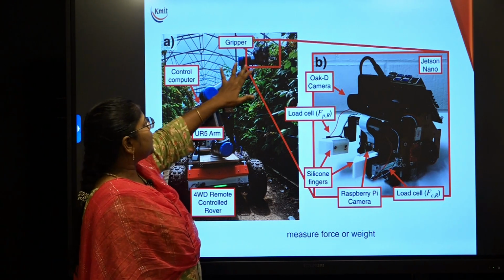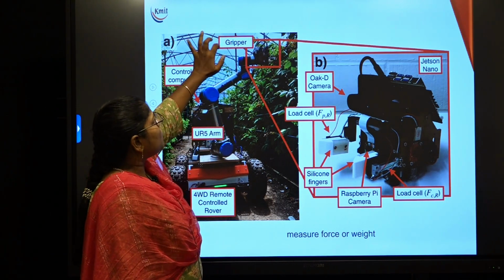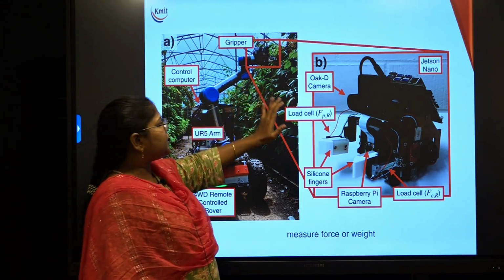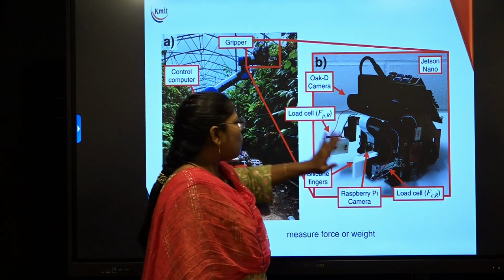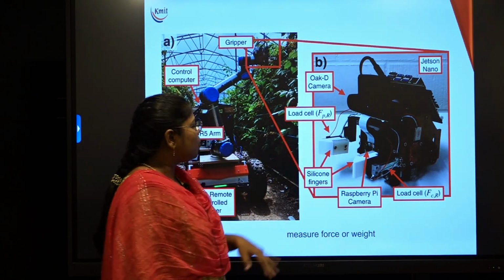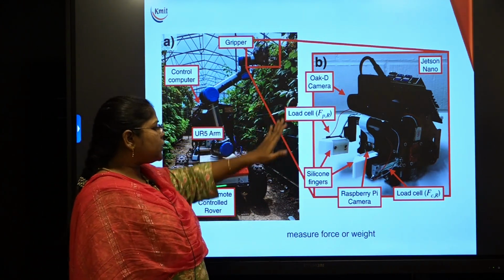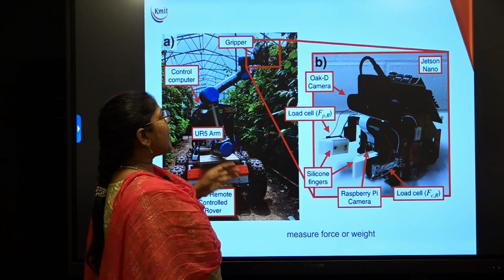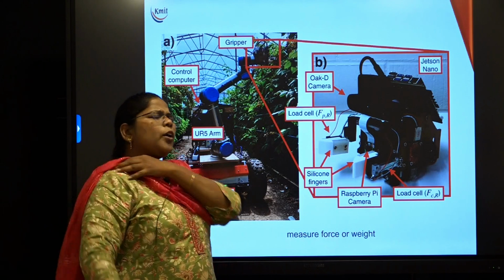We have a mechanical device, and one more device called a gripper. The gripper is designed with load cells. What is the use of load cells? The load cell measures the force or the weight on a fruit.